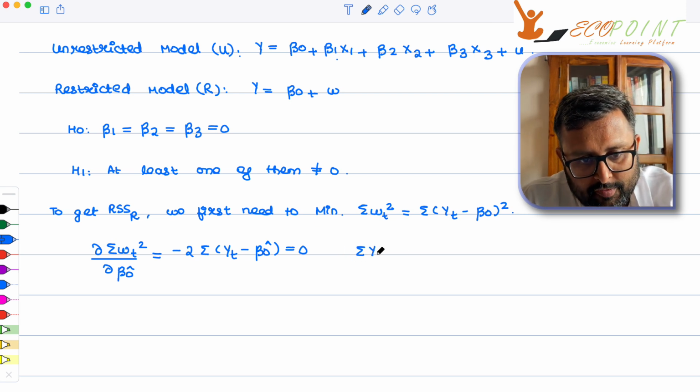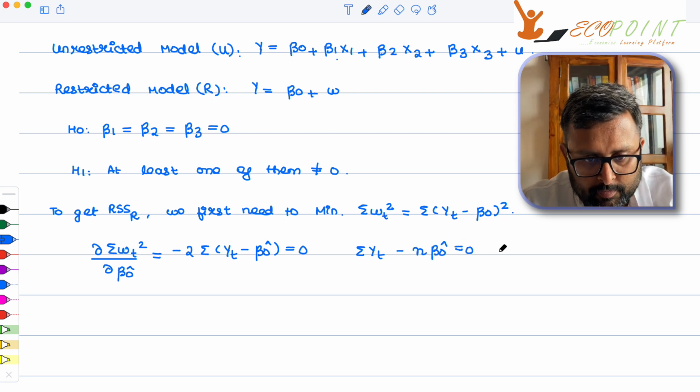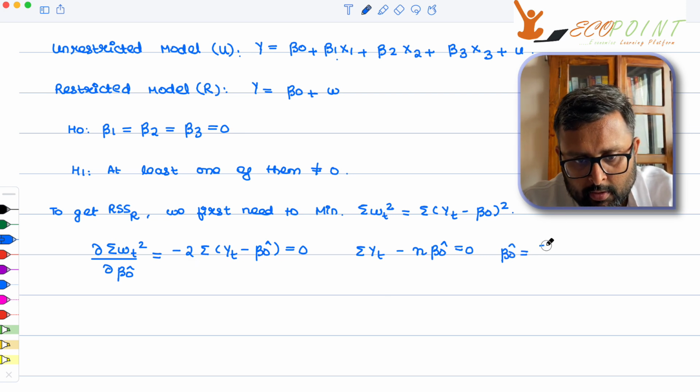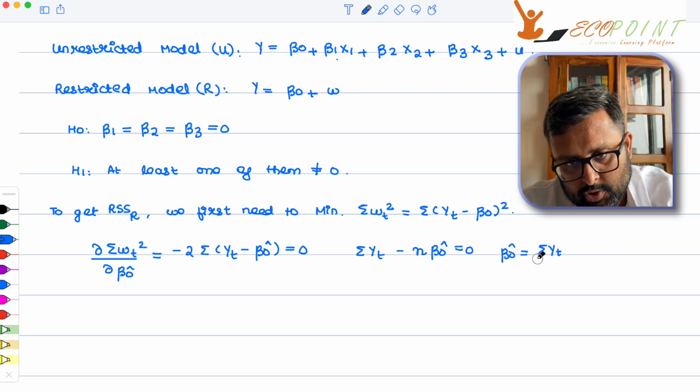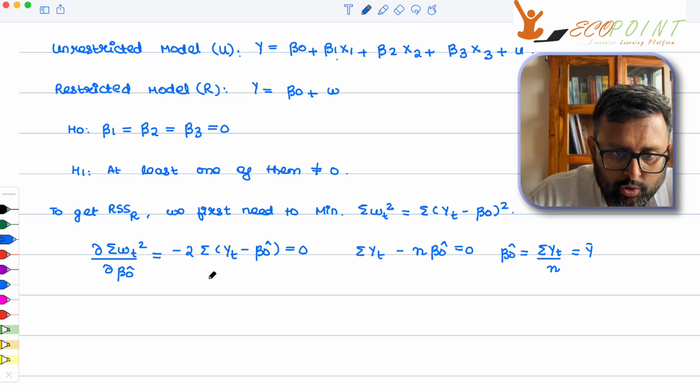So it is summation of yt minus n beta naught hat equals 0, because the minus 2 will cancel, and opening the summation you will get n. So beta naught hat is equal to summation of yt upon n, that is y bar. So you've got beta naught hat as y bar.